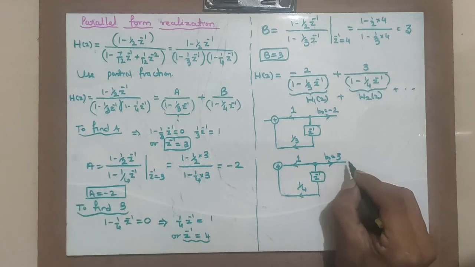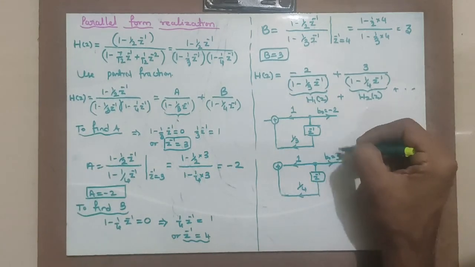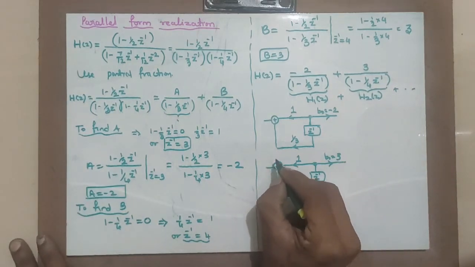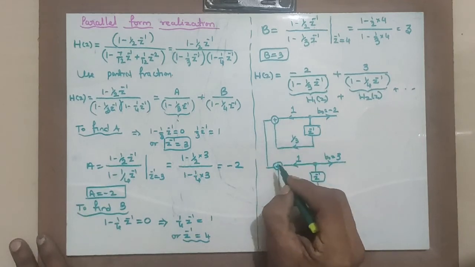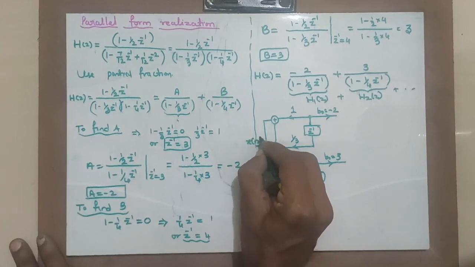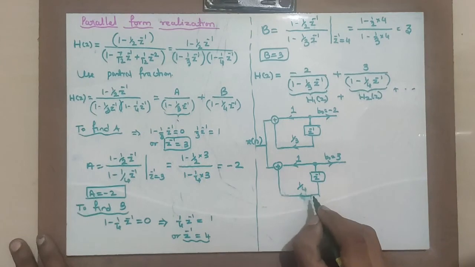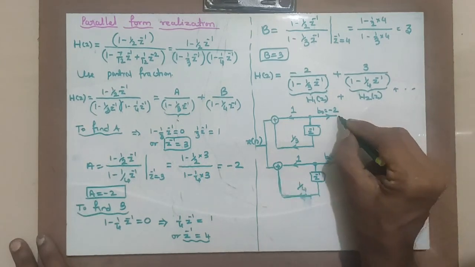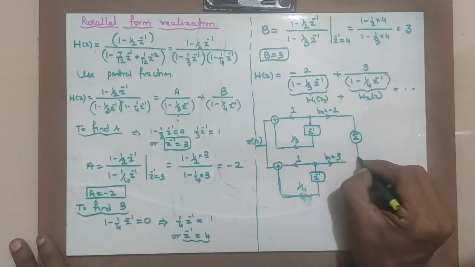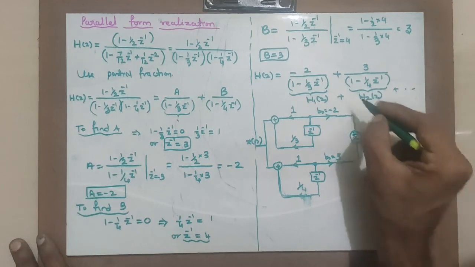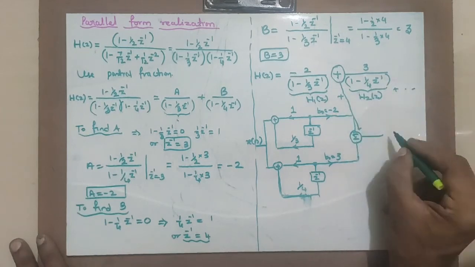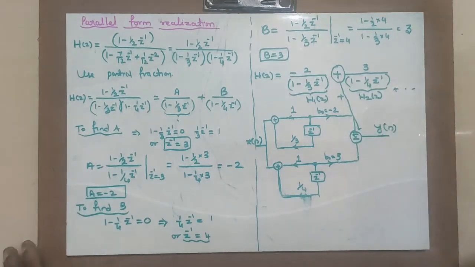Now this is the output of the first, and this is the output of the second. What you have to do is these have a common input, which is x of n, whereas the outputs of these are summed up. A summing amplifier, or summer, is required here. I am implementing this summing here. Hence this is the output y of n.